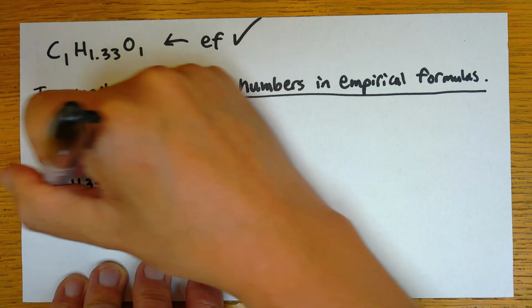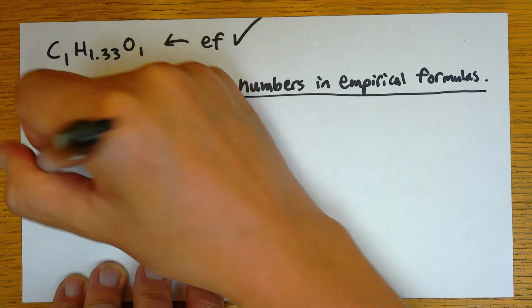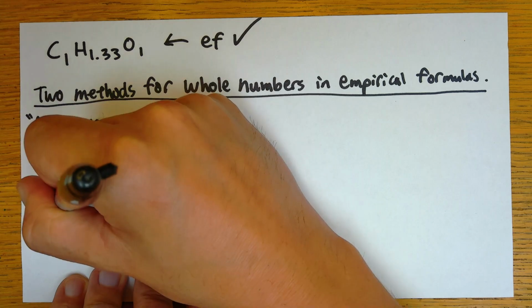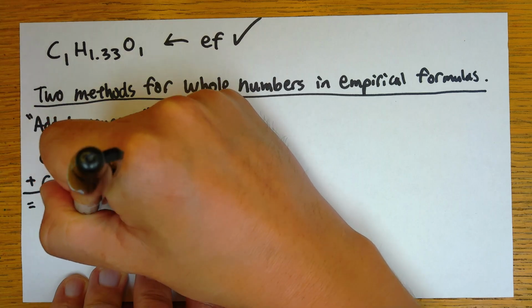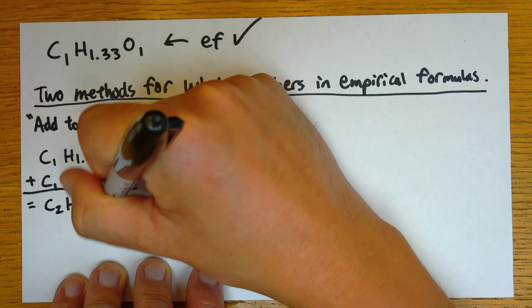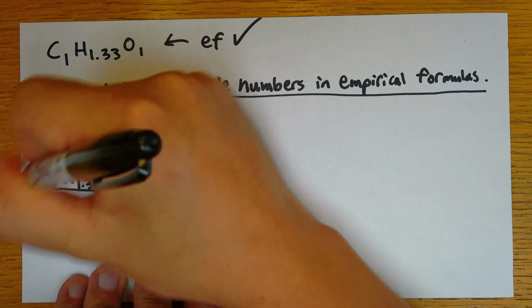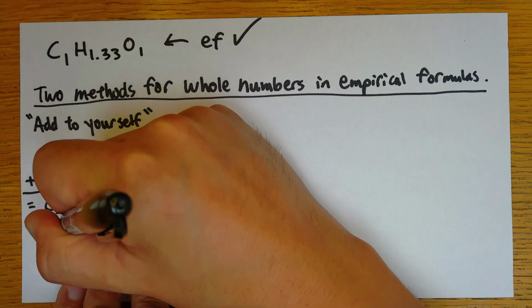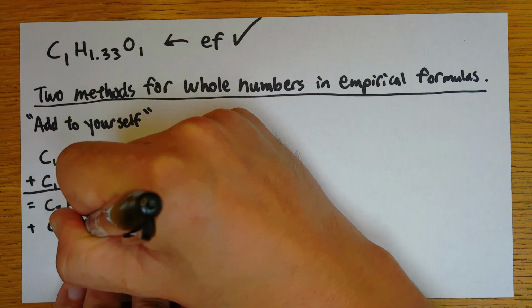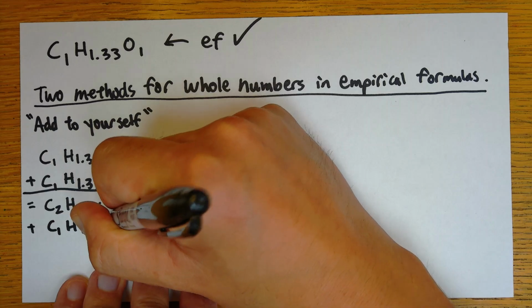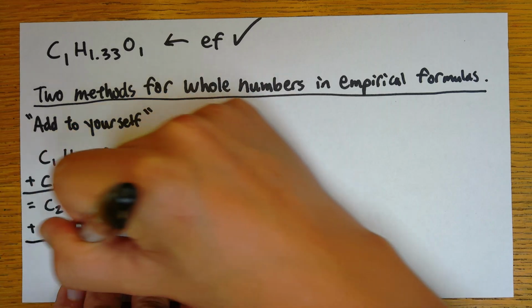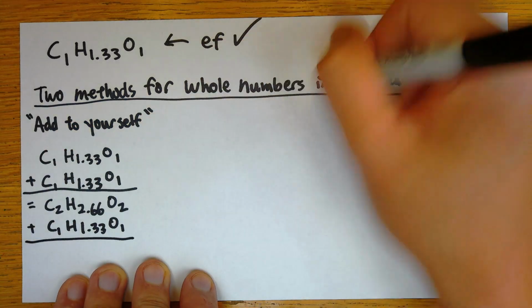So let's do that addition, and we will get C2H2.66O2. That's still not a whole number, so we will try it again. And basically, you just keep on doing this until you get numbers that look clean, aka whole numbers.